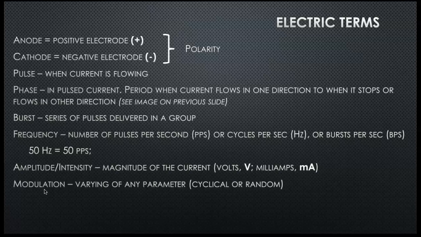A modulation. A lot of the machines have options for modulations, which the definition of a modulation just means the varying of any of the parameters. It's like trying to make it unpredictable or random sometimes. It sometimes makes people feel comfortable, sometimes makes them relax.